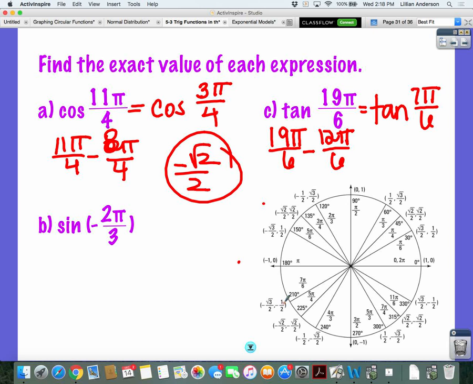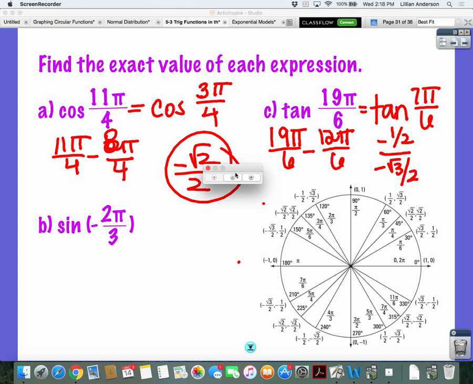Y over x. So right down here, my y value is negative 1/2. My x value is a negative root 3 over 2. I cannot leave it like this. How do I simplify this? So keep the top. Change that division to multiplication and then flip that. It turns into a negative 2 over square root of 3. Those cancel. So I have a 1 over square root of 3.